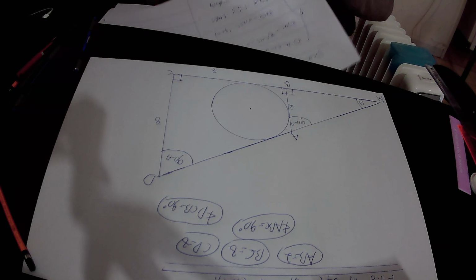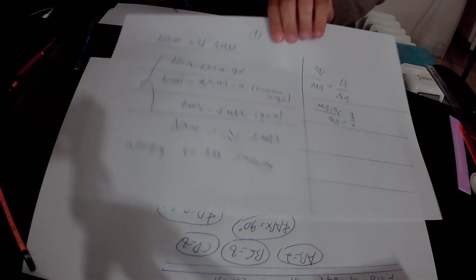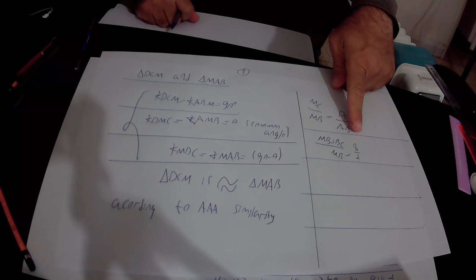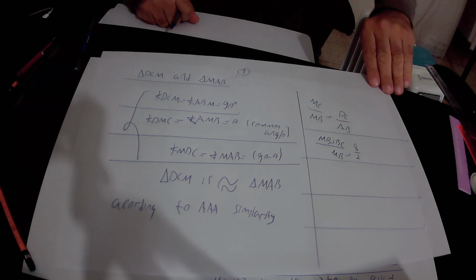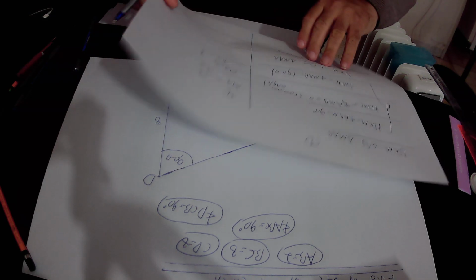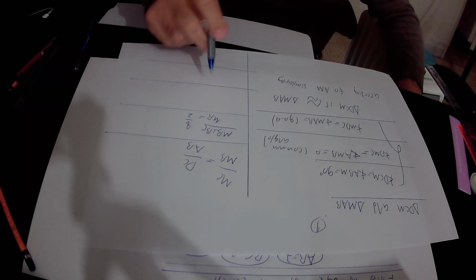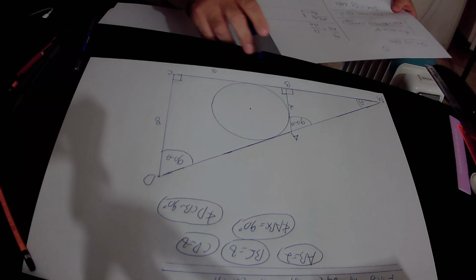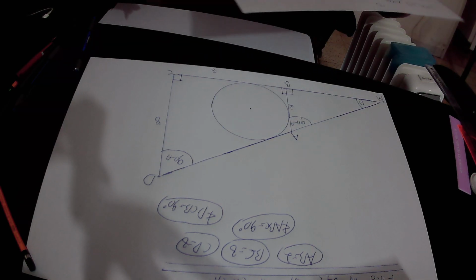In conclusion, MB plus BC over MB equals 8 over 2. 8 over 2 is 4, and BC equals 8 units.